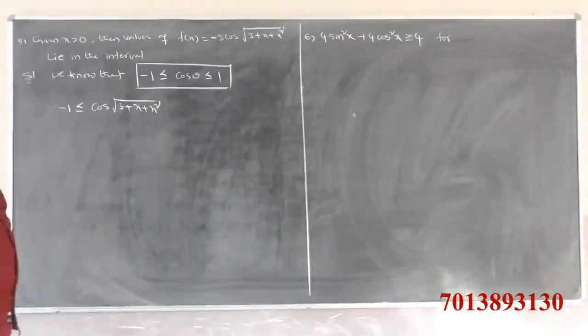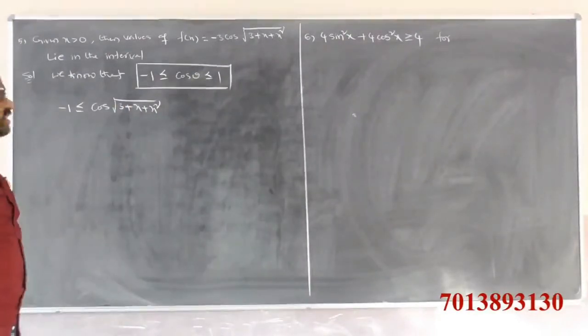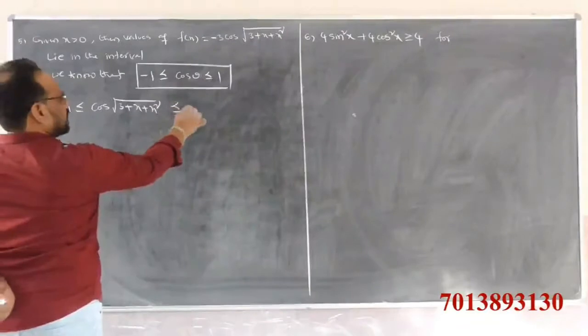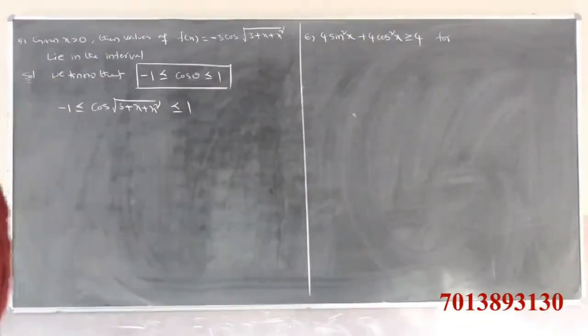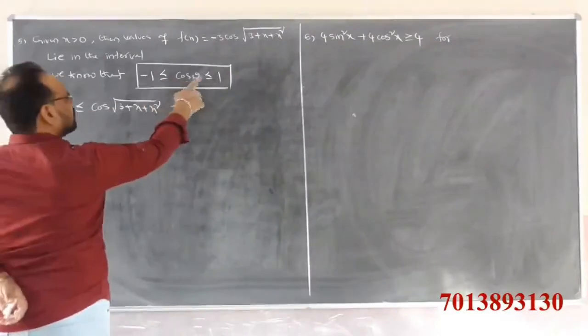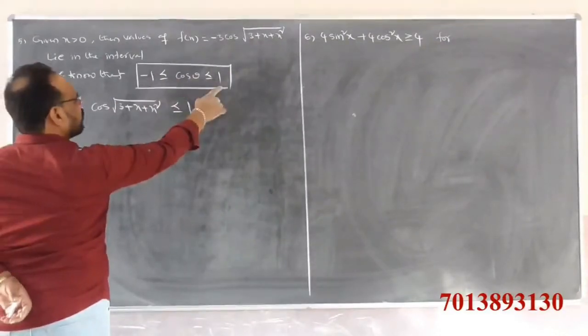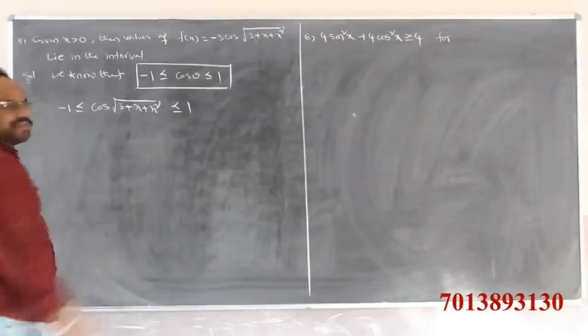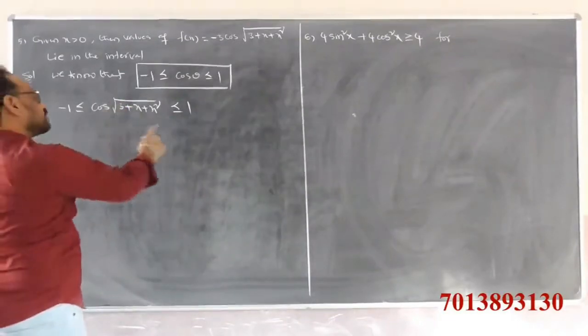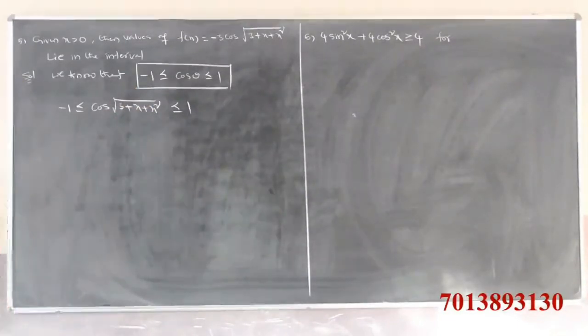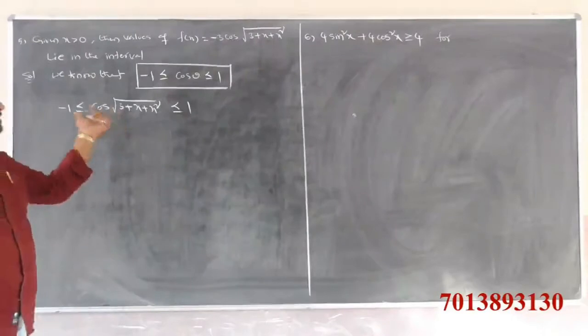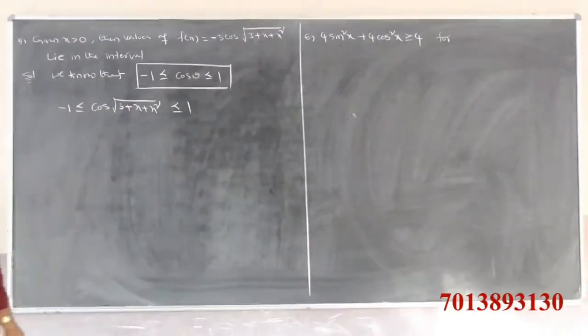Clearly the theta value, the square root of 3 plus x square, also lies there. So the cos function always lies between minus 1 and plus 1, including minus 1 and plus 1.